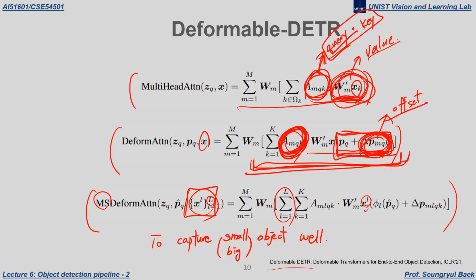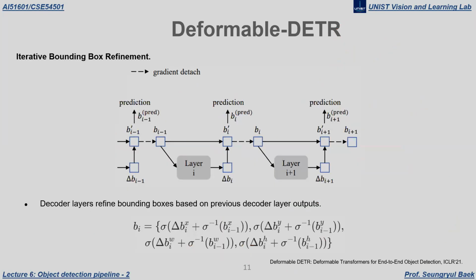Actually, in deformable DETR, it reduces the complexity of the attention mechanism, but instead, it increases the scales for the encoder, right? So yeah, but still it's faster than the conventional DETR. Okay, so it reduces the complexity of the DETR. At the same time, it can accelerate the training, okay, by doing this. And it has two more modules to improve the performance, okay.